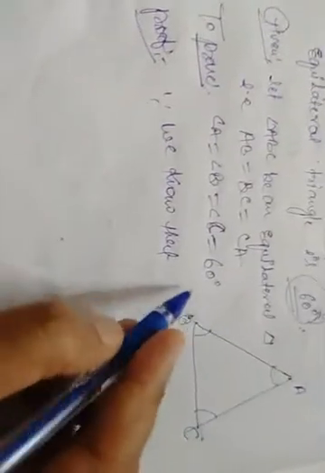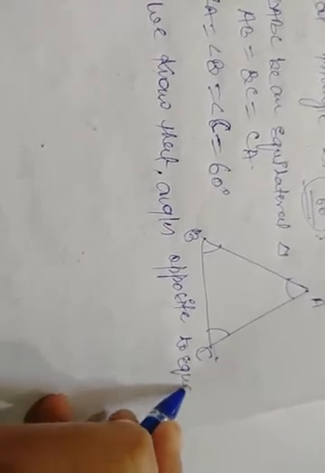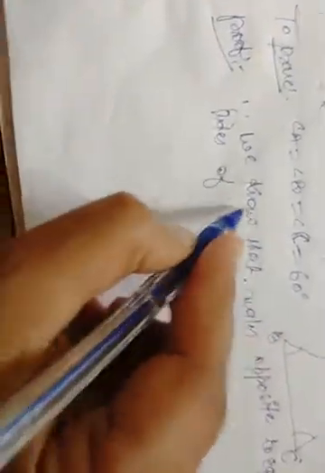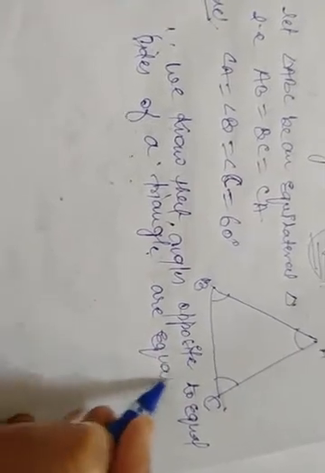Let's prove it. We know that angles opposite to equal sides of a triangle are equal.